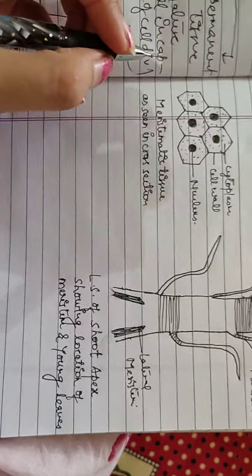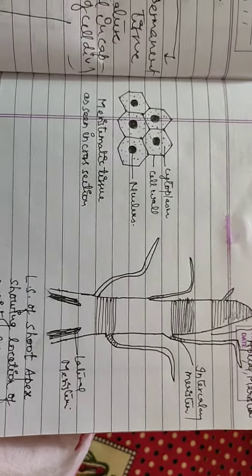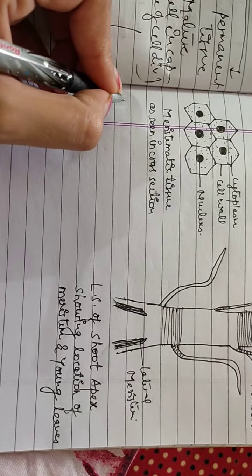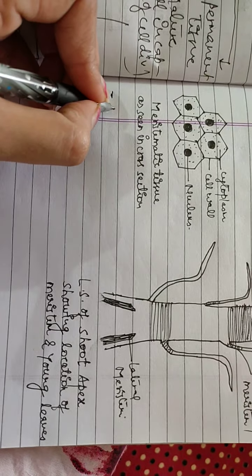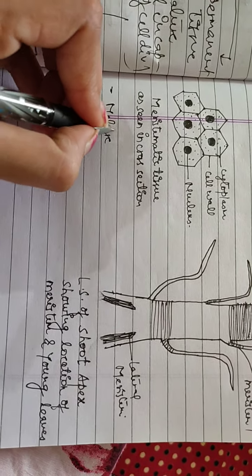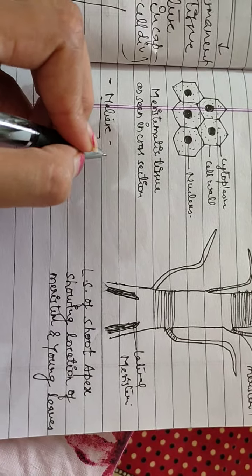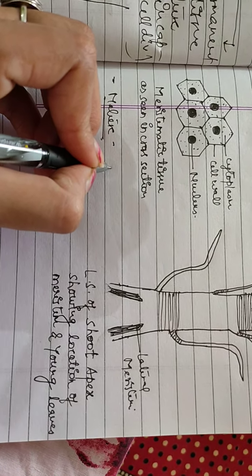Hello students, in this video I am going to tell you about the meristematic tissue, which is simply called meristem. So first thing, what is its nature? Cells of meristem divide continuously.